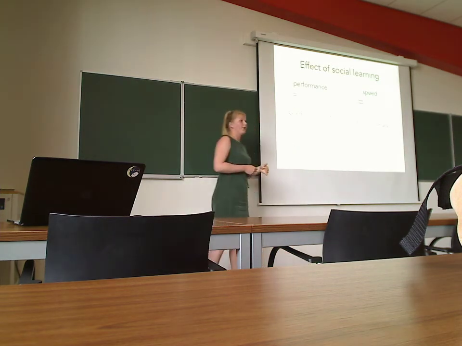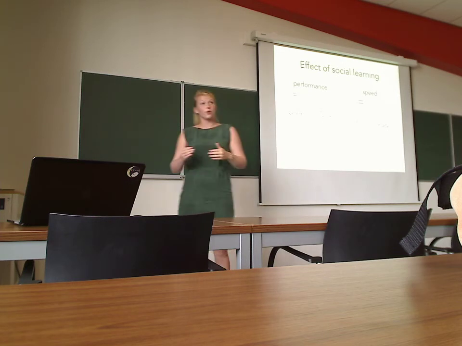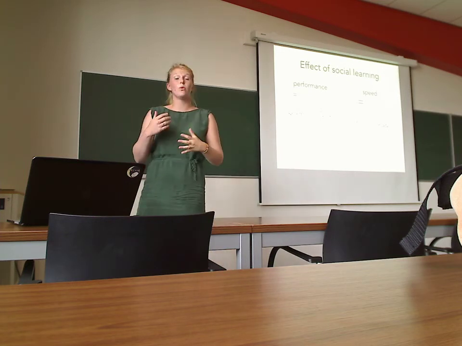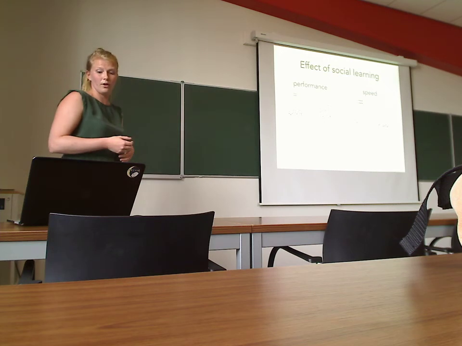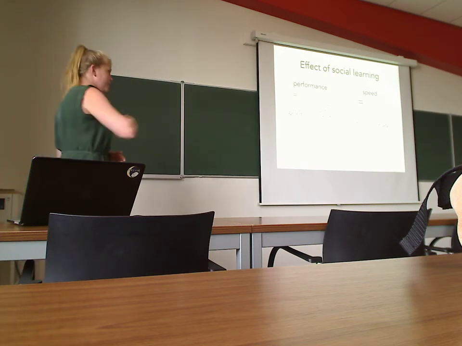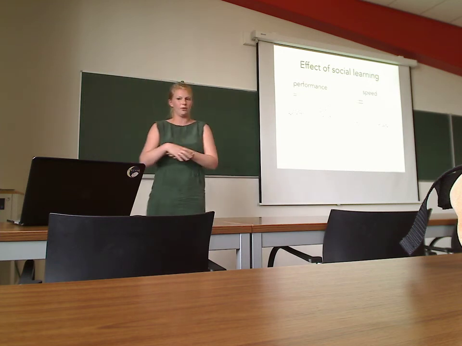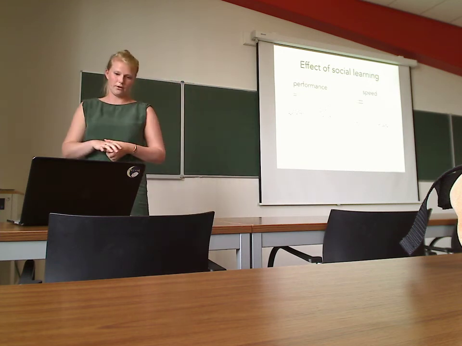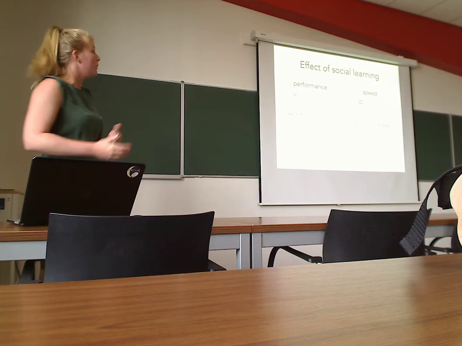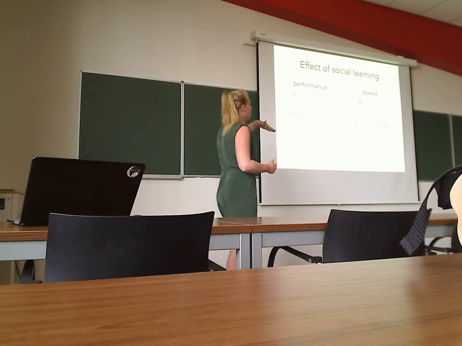So we do see a trend here. We see a trend that if the parameter setting is worse, the relative increase of social learning is higher. There is here a significant correlation between the rank and the performance ratio of about 0.6. When we look at the speeds, we kind of see a similar trend, but it's not significant.